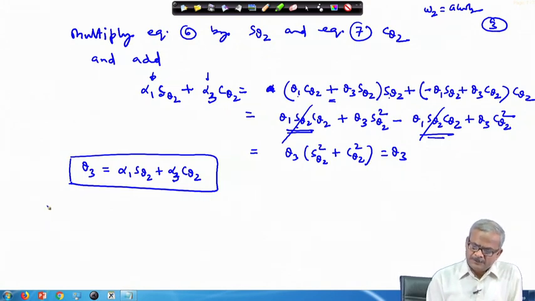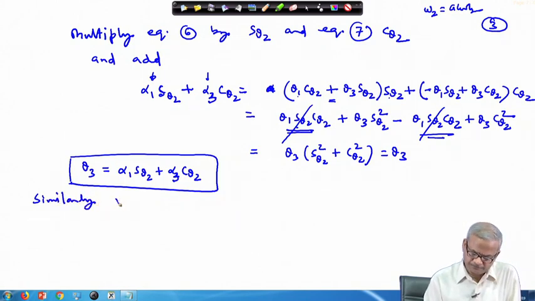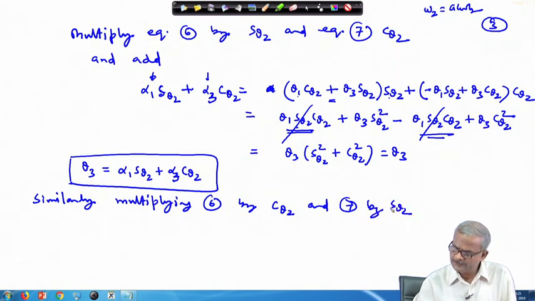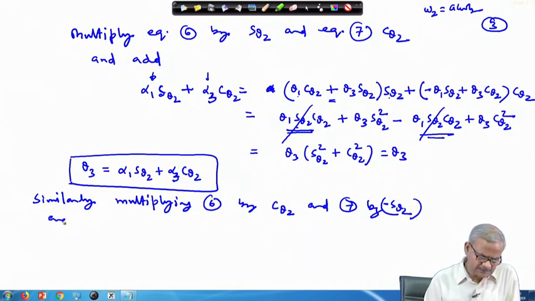Okay. So, in the same way, if we multiply 6 by c theta 2 and 7 by minus s theta 2, and add.